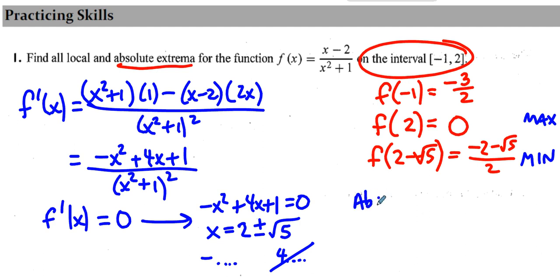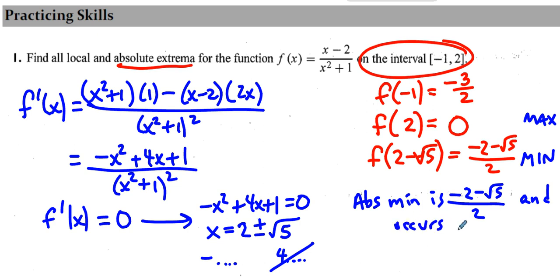We write that the absolute min on this interval is this y value. That's the lowest low on the interval. And it occurs at x equals 2 minus the square root of 5.